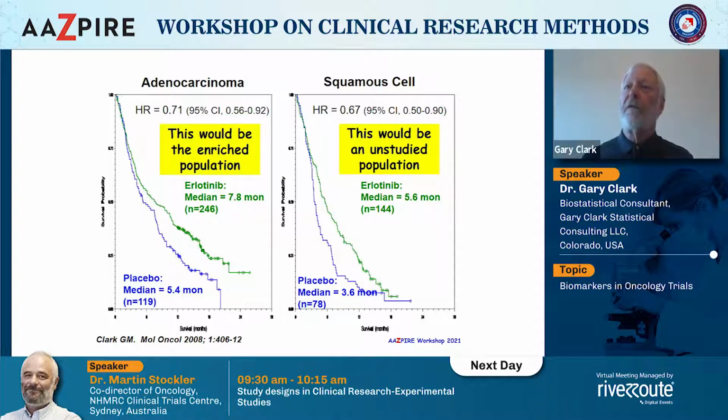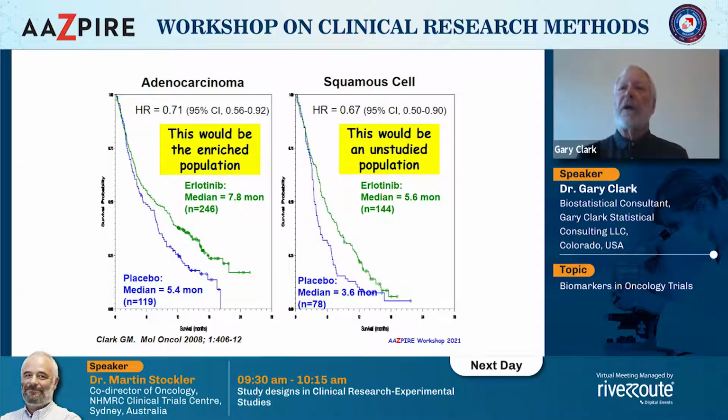But now, if histology had been the biomarker, and we had selected only the marker positive patients, this is the only outcome that we would see. We would draw the conclusion that we should treat patients who have adenocarcinoma with erlotinib. They're going to benefit.